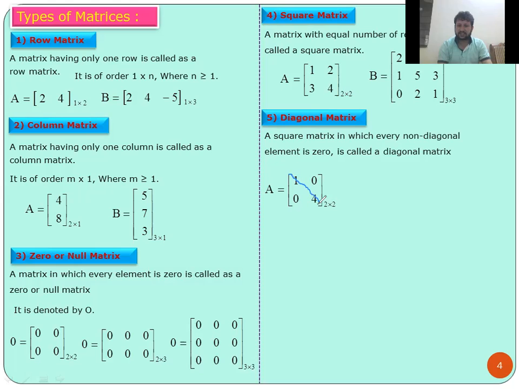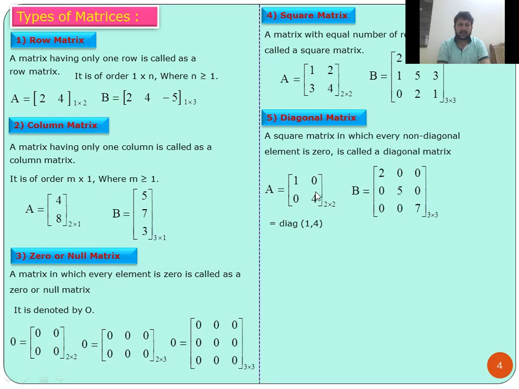Diagonal elements exist and non-diagonals are compulsory 0. This is for 2 by 2. Let us see one more example for order 3 by 3. Only diagonal elements exist. Non-diagonals all are zeros.